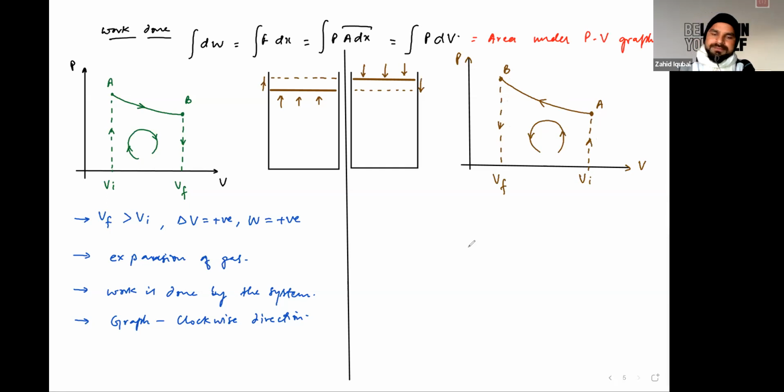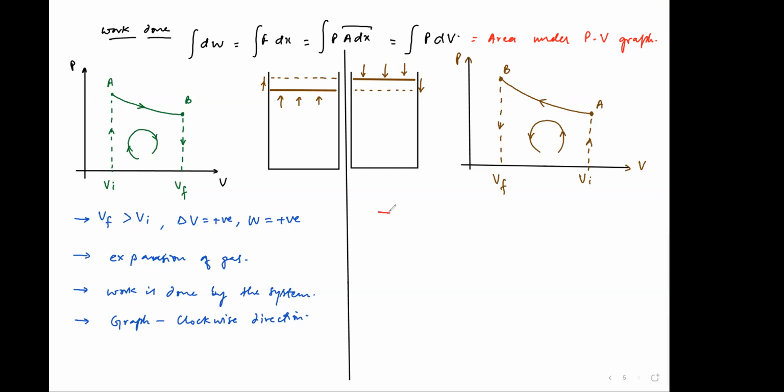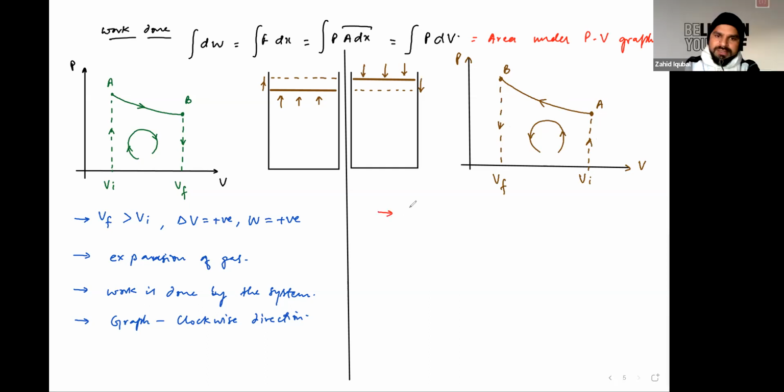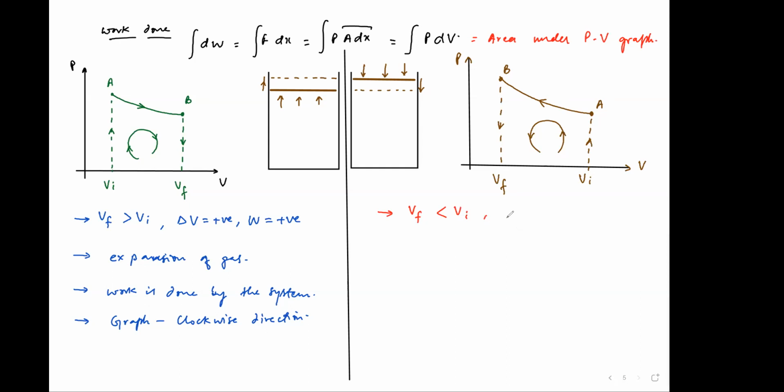Is it clear? Yes, sir. So from this part, we can say final volume is smaller or greater than initial volume. Fatima, volume is decreasing or increasing? It's decreasing. Good.